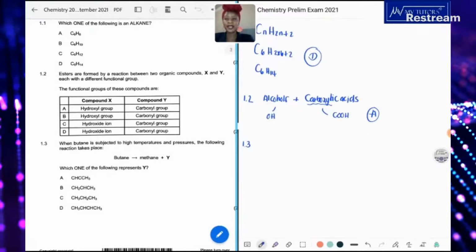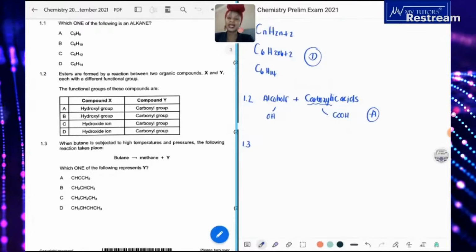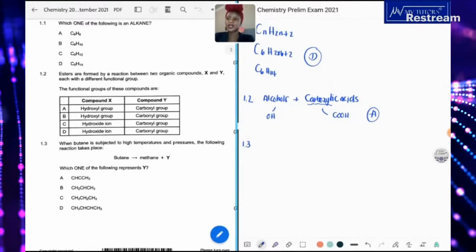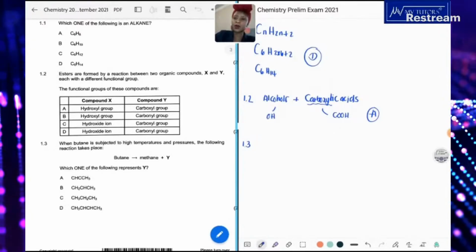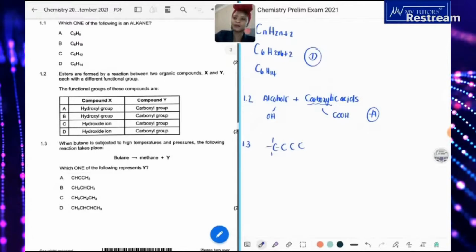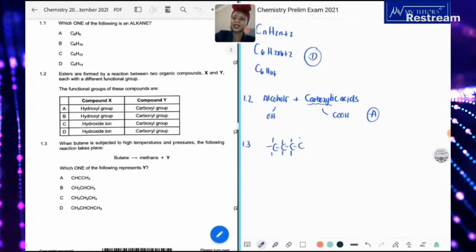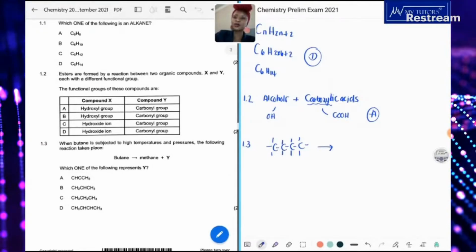You start off with a saturated compound and you end up with an unsaturated compound. So we have butane there, which we know has 4 carbon atoms. I'm just going to put the structural formula. I'm not going to put the hydrogens, or else we're going to take forever. So we go from butane to methane.